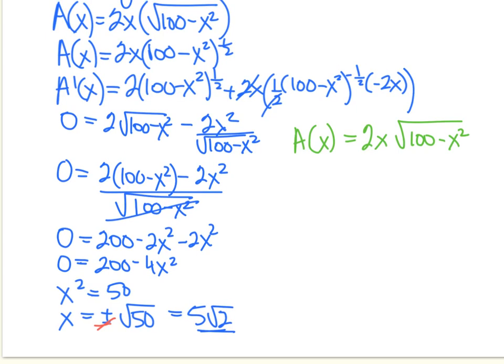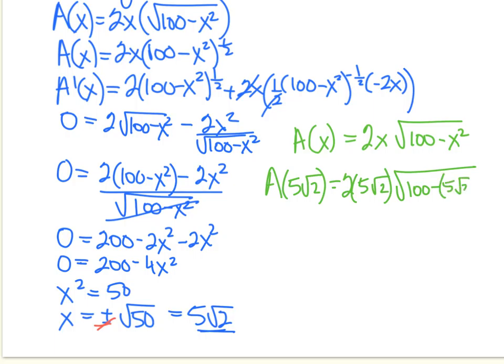So our equation for area is A of x is equal to 2x times root 100 minus x squared. So now let's plug in our value we just got, so 5 root 2, and that becomes 2 times 5 root 2 times the square root of 100 minus 5 root 2 squared.